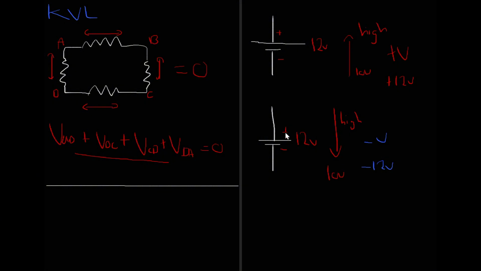So if it's going from a high potential to a low potential, it will be minus V, minus 12 volts, whatever voltage is set to this battery right here. The only reason it's like this is because the current is going down. So the current is always going in one direction. It's always going to the low potential side. It always wants to go to ground.